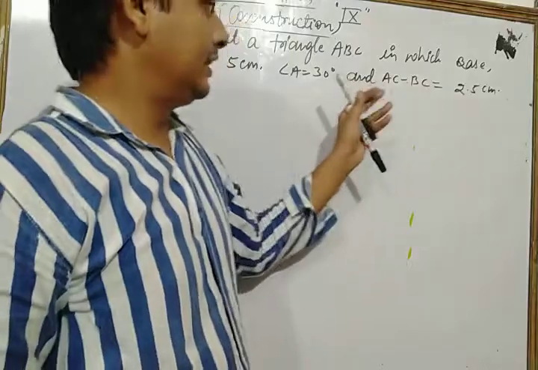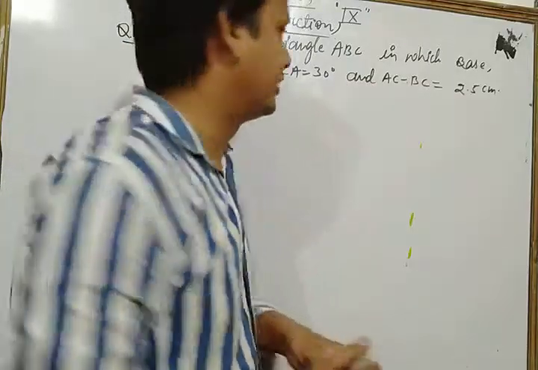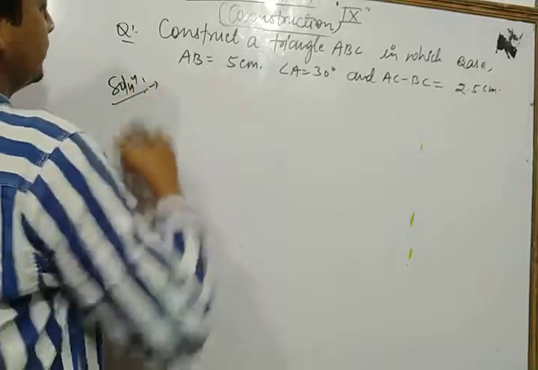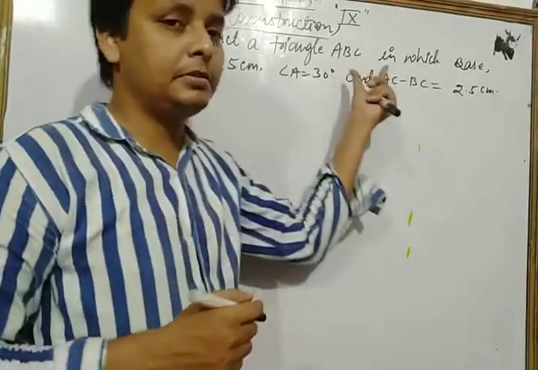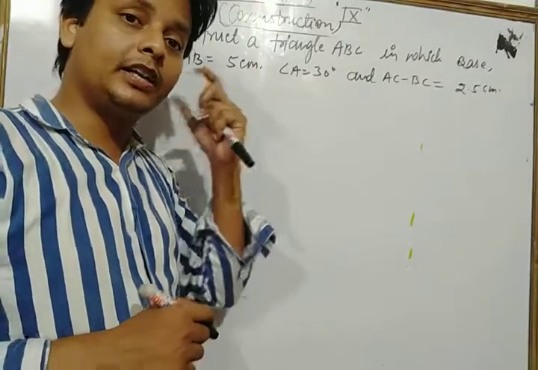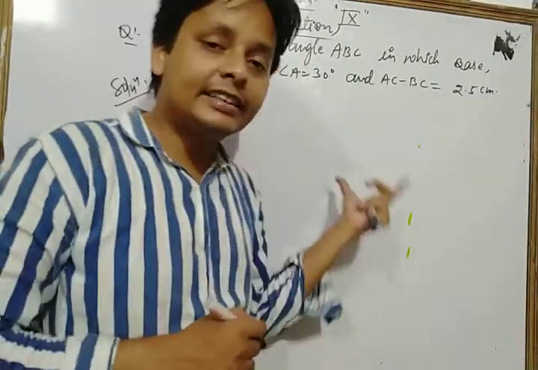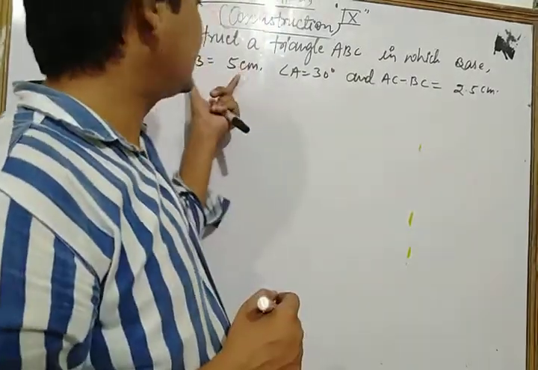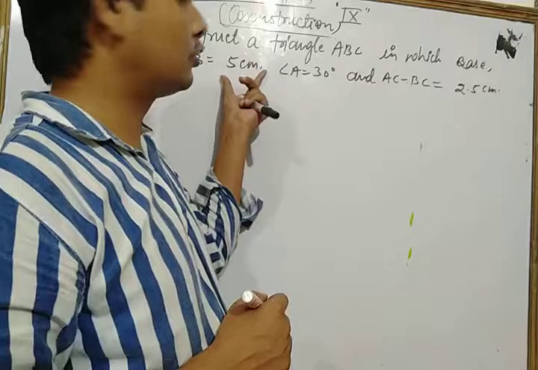Now let's see its construction. Construct a triangle ABC in which base AB is equal to 5 centimeter. In order to construct that type of triangle, first of all we draw its base, AB equal to 5 centimeter.